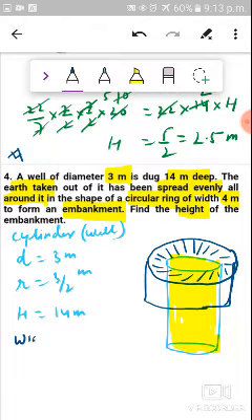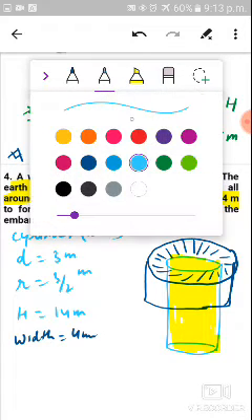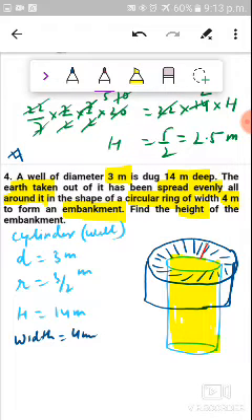This is the width here, given as 4 meter, to form an embankment, and this embankment is also cylindrical. We need to find the height of this embankment.